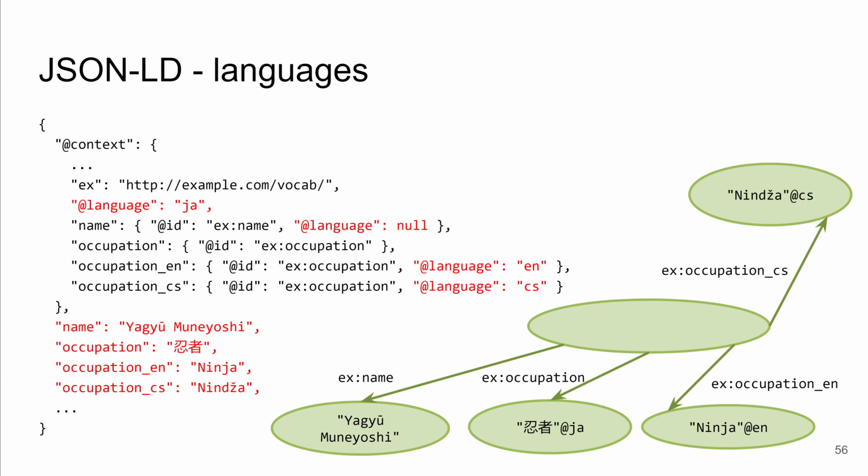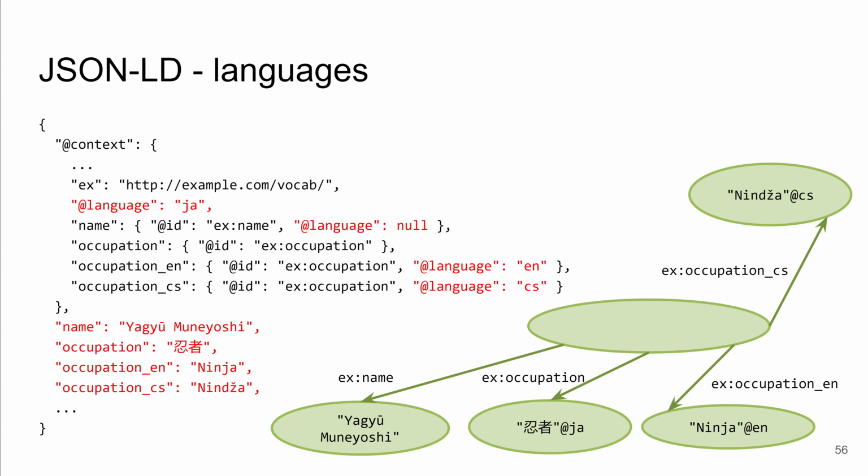So those were JSON objects, and we also talked about data types of values. We also need to talk about languages, because we know that in RDF, every text value which is in a natural language needs to have a language tag specified. So in our JSON data, we also want to be able to specify the languages of the values in the JSON file, for which there is no support in JSON.